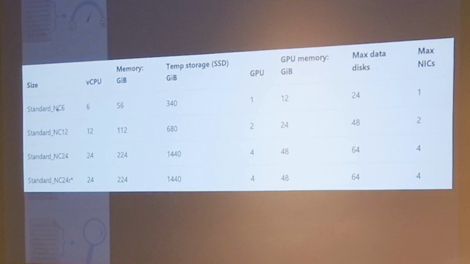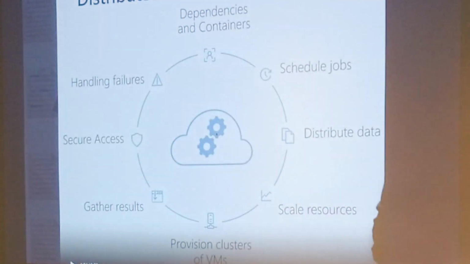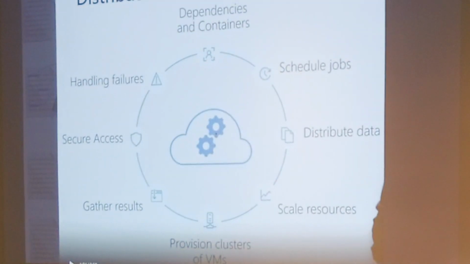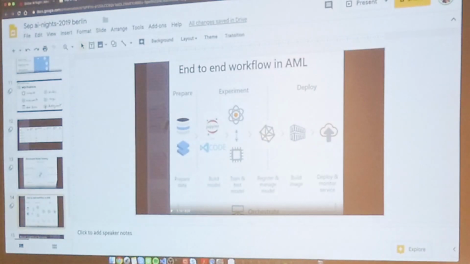Later I will just show how to train your model with the first one, the standard NC6. And some nice pictures show how you could deploy your service, the end-to-end one. So these are the things that I want to show now. So let's go to the Azure portal first. Refresh.